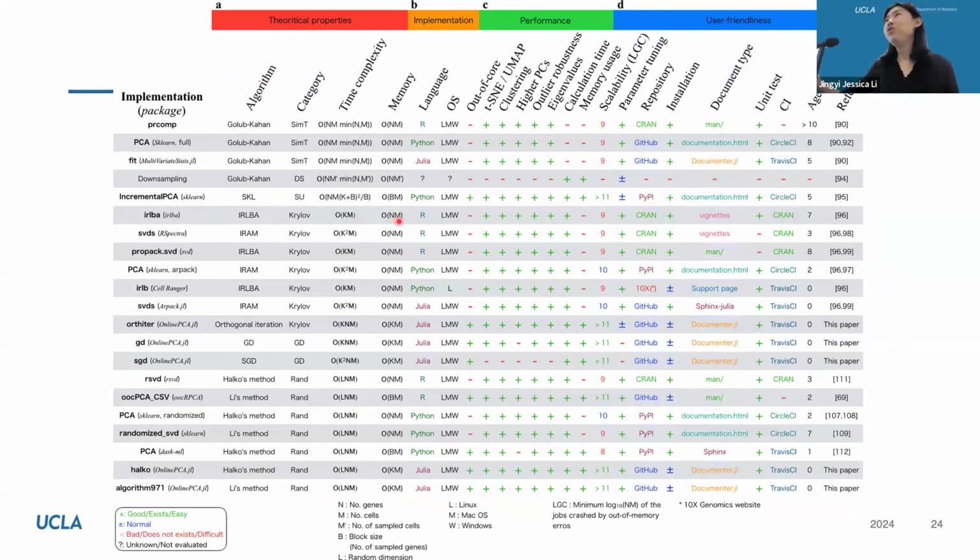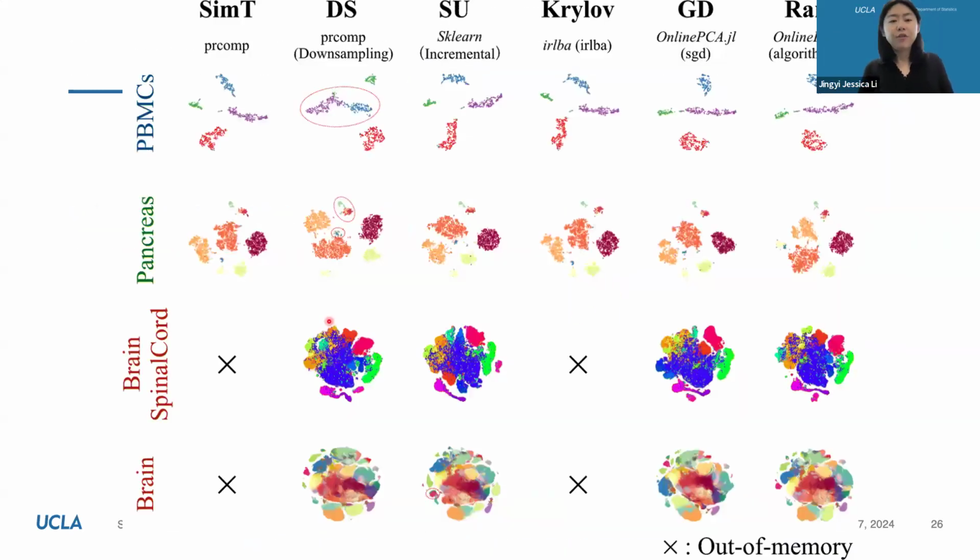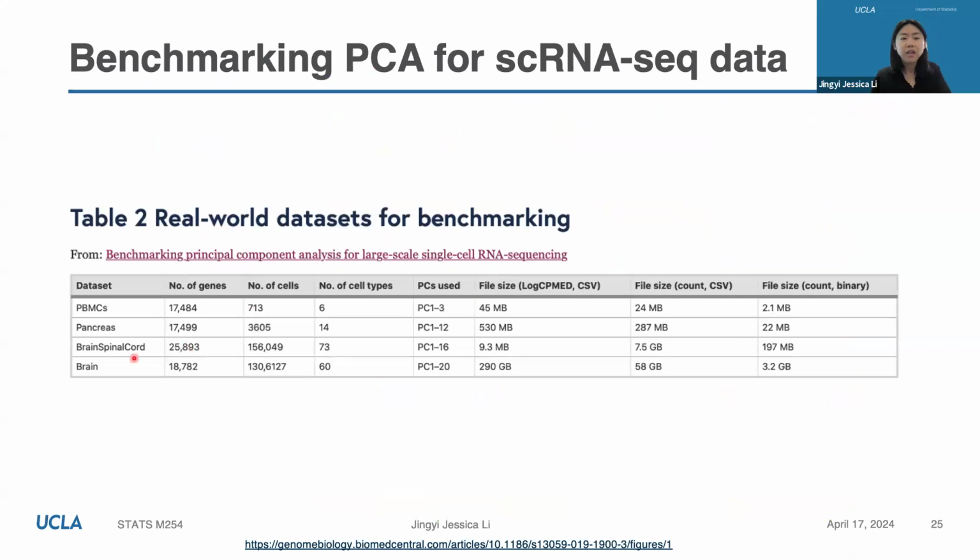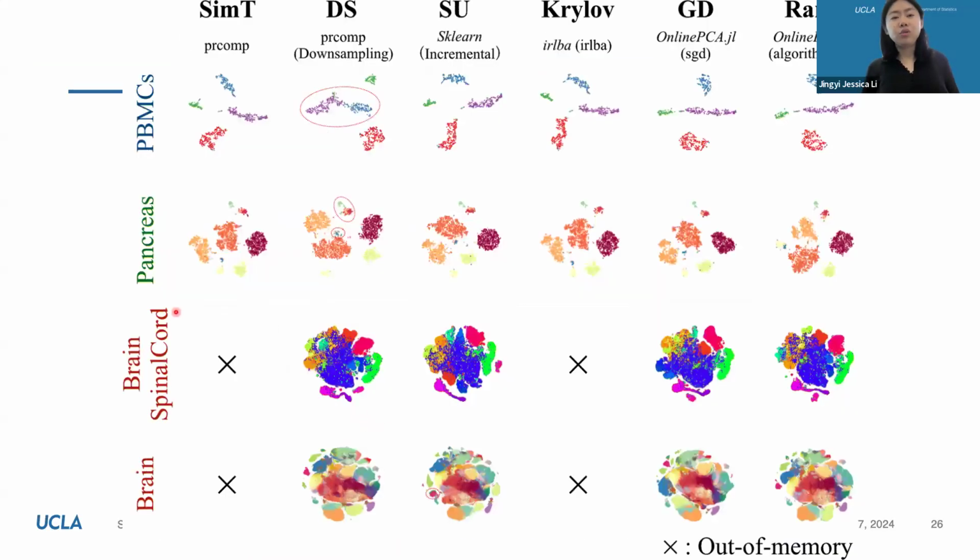So you may have a memory issue here, even though it's fast. That's why for the two larger data sets, these two about brain, which have more cells than the first two data sets, PBMC and pancreas, you would have memory issues with the standard exact PCA and the IRLBA PCA. They cannot give you results.